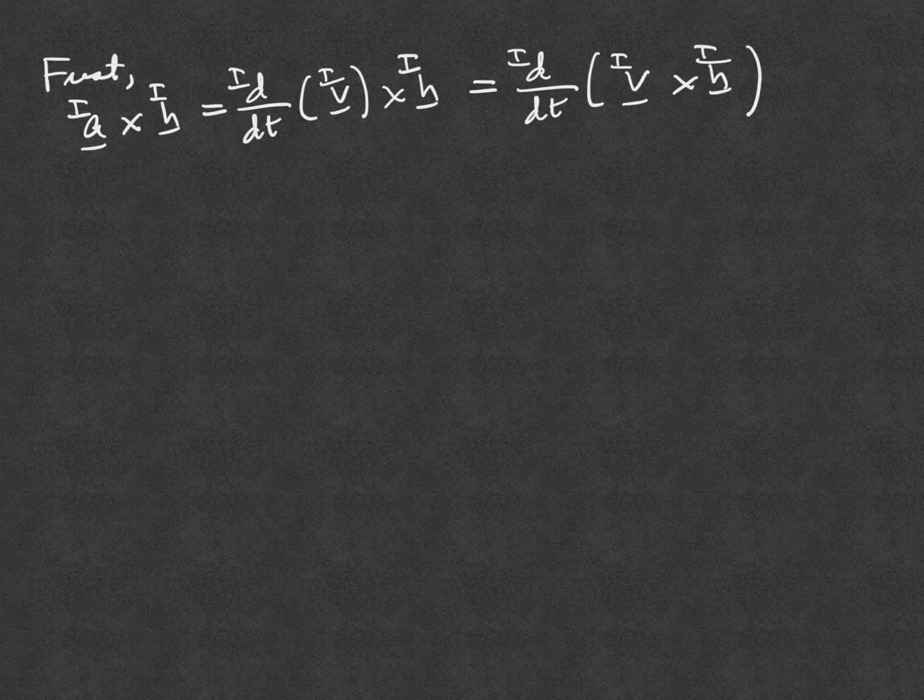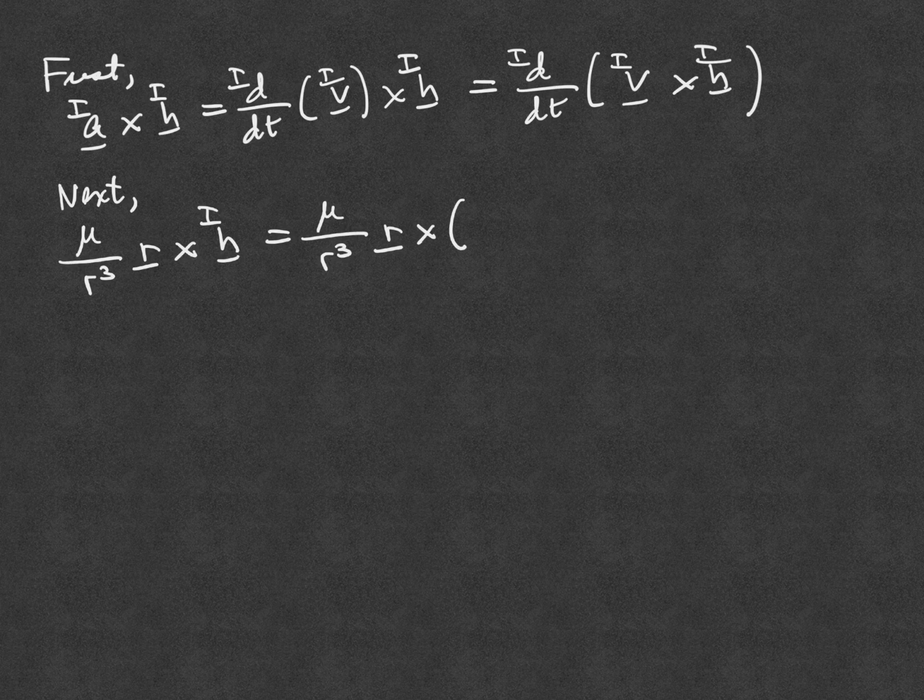So next, we can work with the second term, which is mu over r cubed times r crossed with h_I. Now that's equal to mu over r cubed times r crossed with, well, what's h_I? It's r crossed with v_I. Now you can see here that I have a triple vector product.